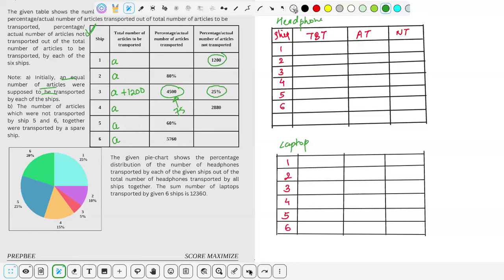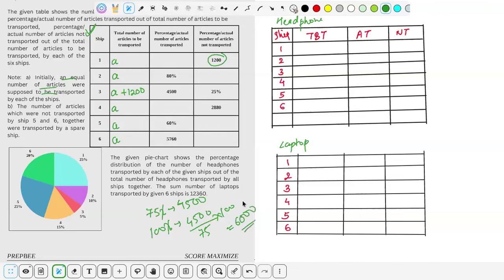So if the value given to me is 75%, I would simply say that 75% is equal to 4500. So my 100% should be nothing but, how to find this? Simple, divided by 75% into 100. So here you will get the value, and it is around, if I'm not wrong, 4... okay, it is 6000. So this value is 6000.